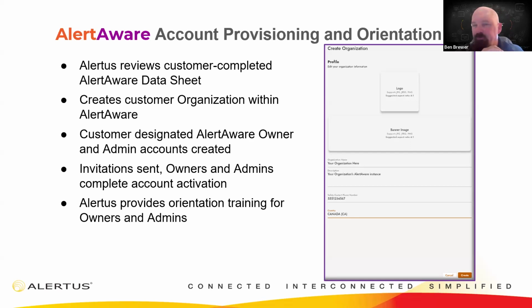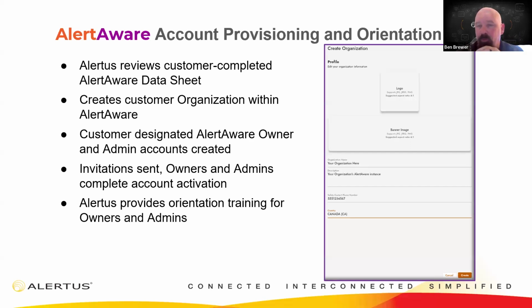It's no different in this regard. When we add owners and admins into the system, it is an invitation process. Those designated individuals will receive an email with a link. They'll click on the link and it will ask them to establish their password.